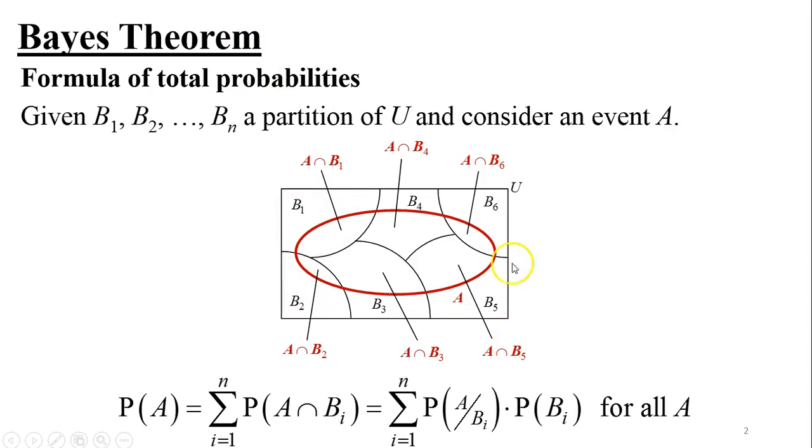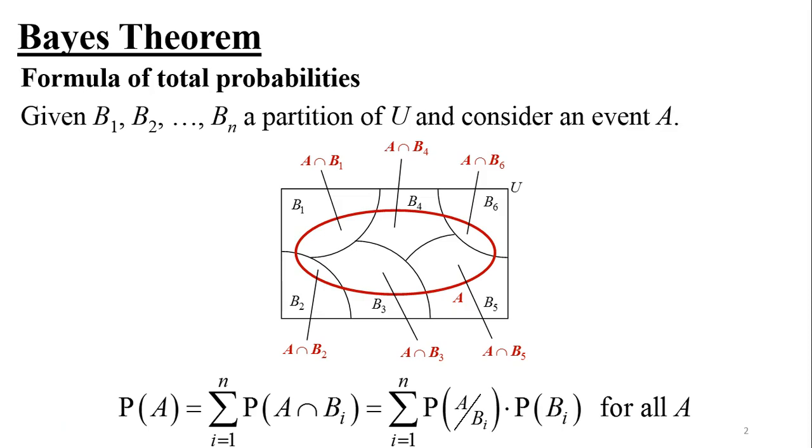We have here the same diagram, including the 6 events that form a partition of the universe U. Now, if we are given another event of the same random experiment, whose universe is U, we can see here on the diagram, I have included event A. So A should intersect at least one of the events forming the partition of the universe.